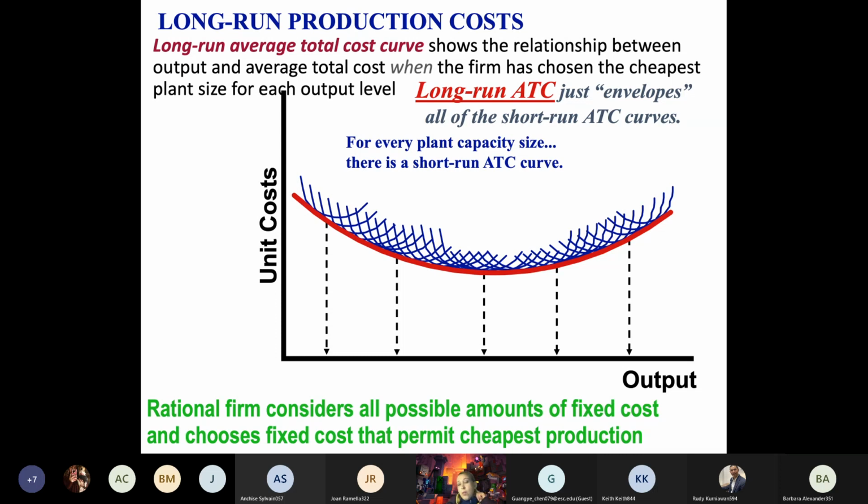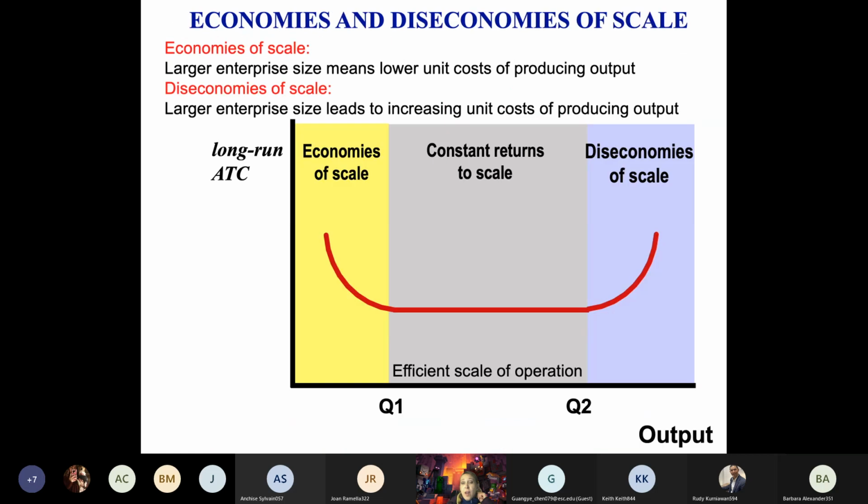So yes, a rational firm considers all possible amounts of fixed cost and chooses the cost that permits cheapest production. Well, but here's the trick: a smaller company can take advantage of economies of scale, and as its scale of output grows, it can reduce long run average per unit cost of production.